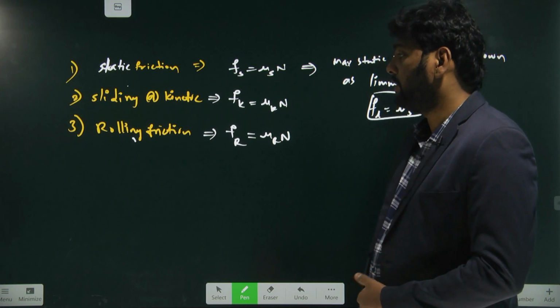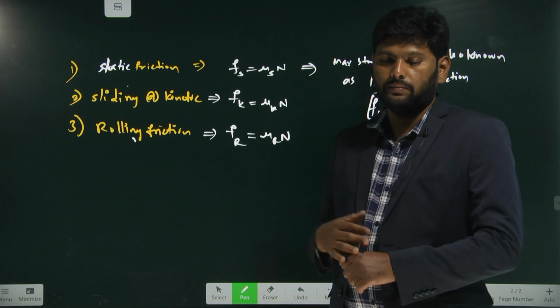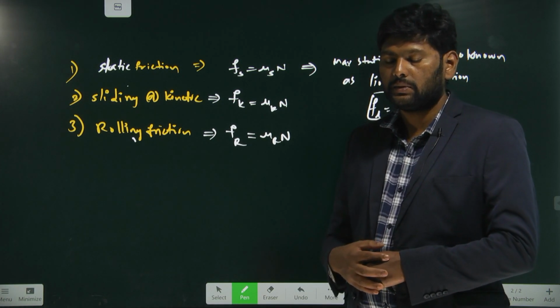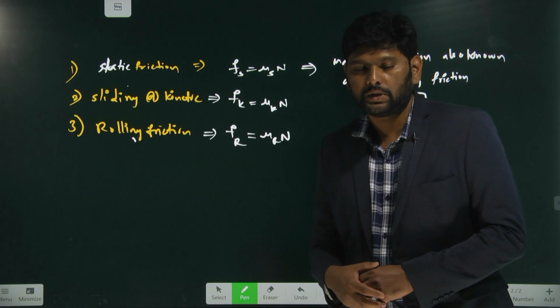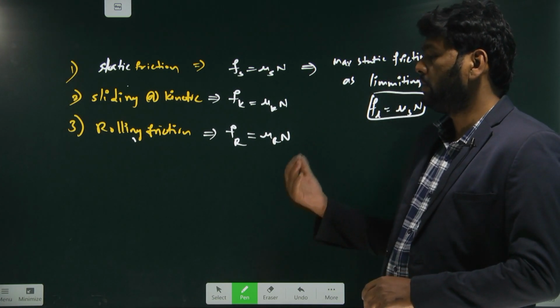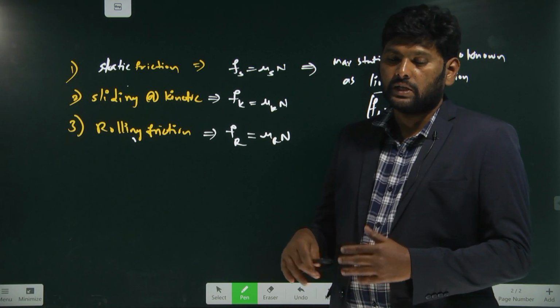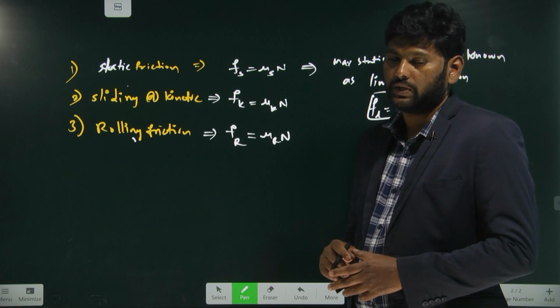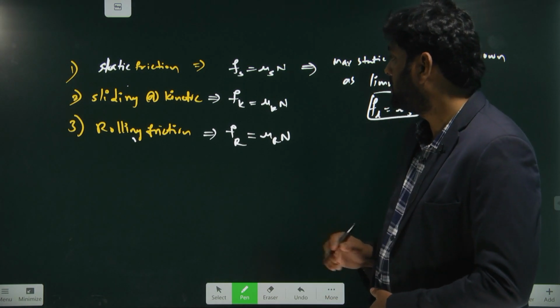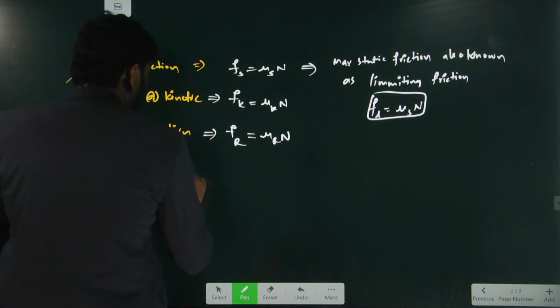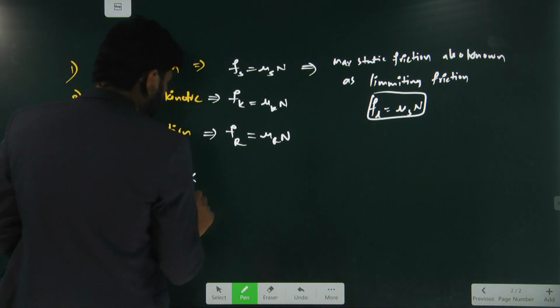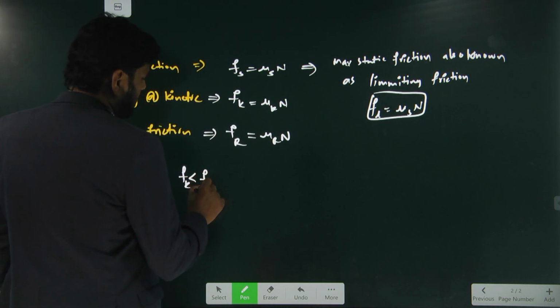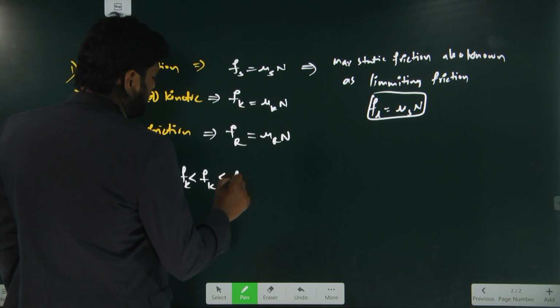And what is rolling friction? When the objects are rolling on the surfaces, the force of friction existing between the surfaces is known as rolling friction. Among all frictions, rolling friction is less than kinetic friction, which is less than static friction.